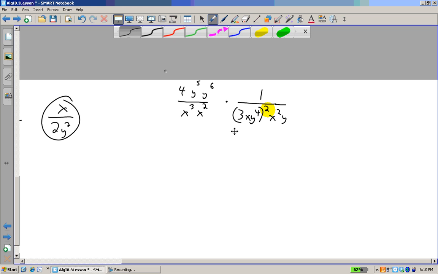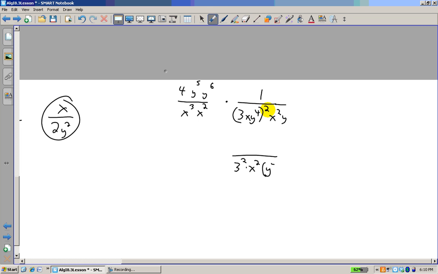So just for safety here, please be careful. 3 squared times x squared times y to the 4th squared. And of course, times x squared times y, and the 1 on top.